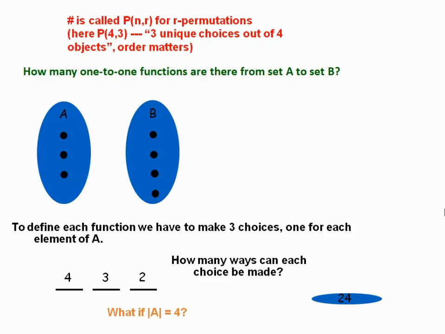Out of 4 data points in B, 3 possible mappings will be there, 3 choices will be there, which is called permutations. So for this, it is 4 factorial by 4 minus 3 factorial. This is the combination that you make to get the answer.